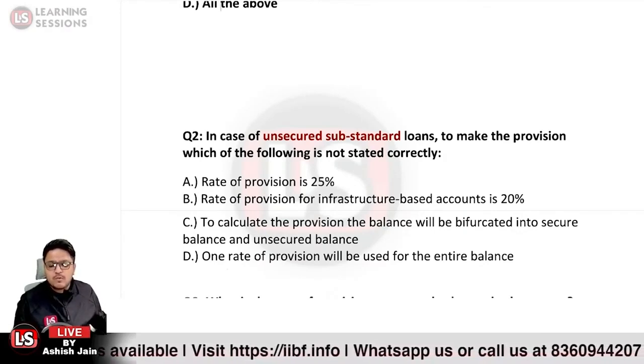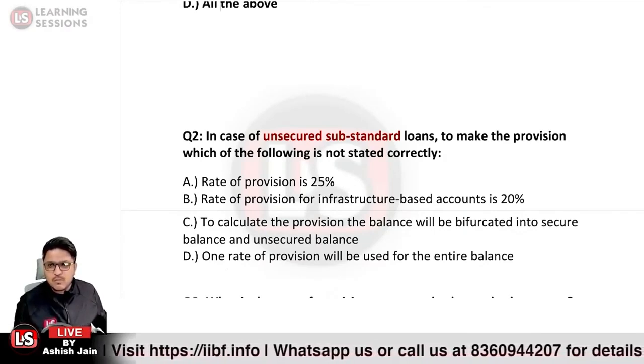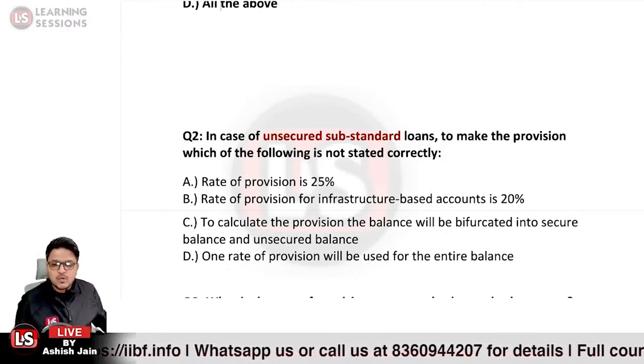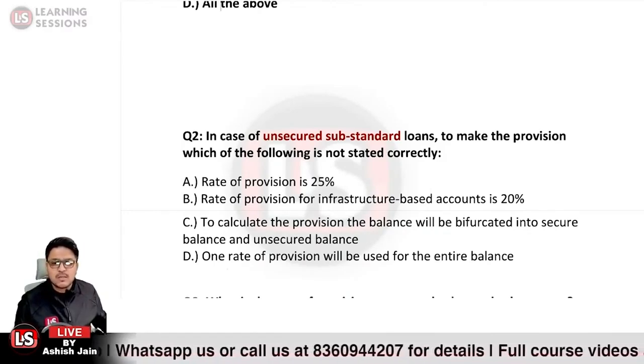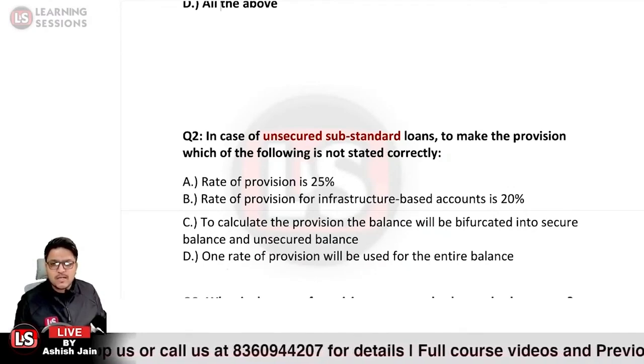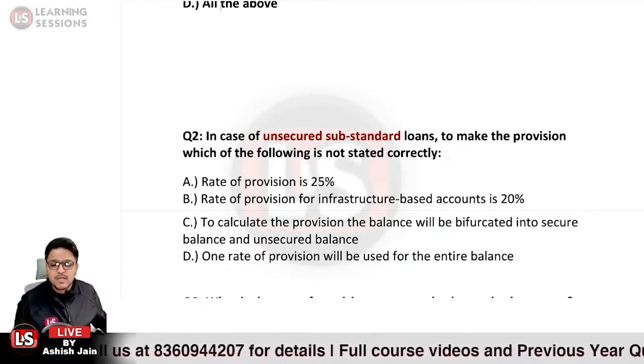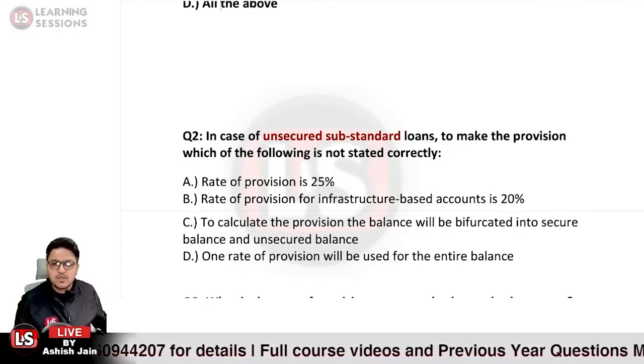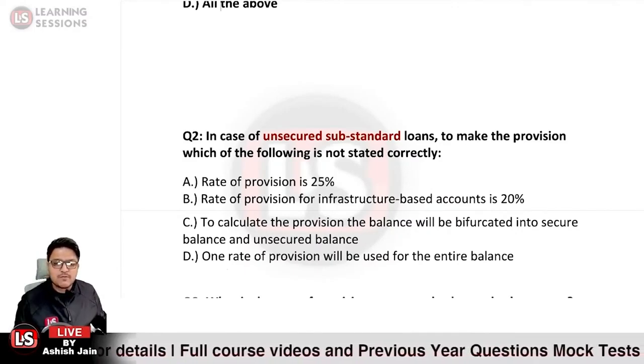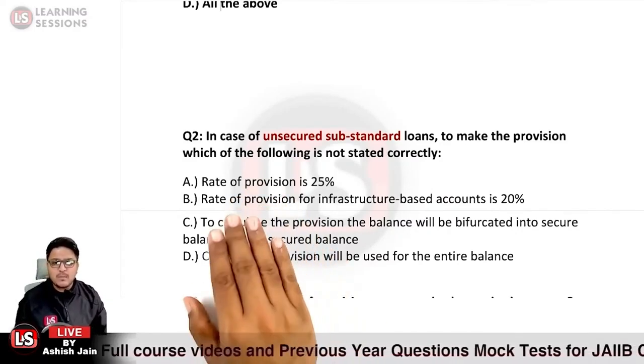Which would be the right answer for question number 2? We are talking about unsecured substandard assets. For the secured substandard asset, the provision is 15%. For the unsecured part, it is 20% for infrastructure loans and 25% for the others. That makes options A and B correct.